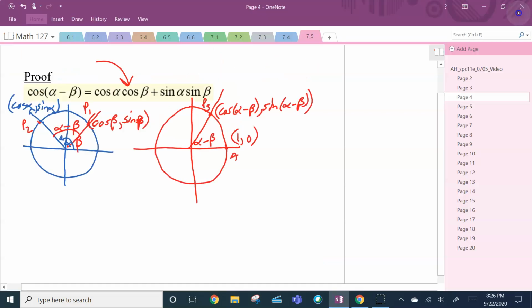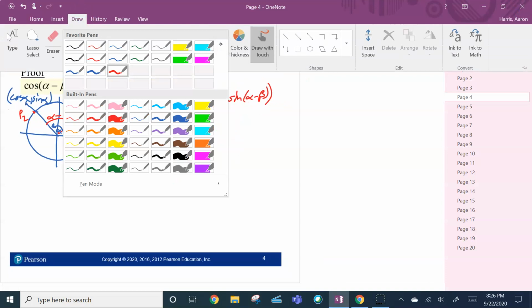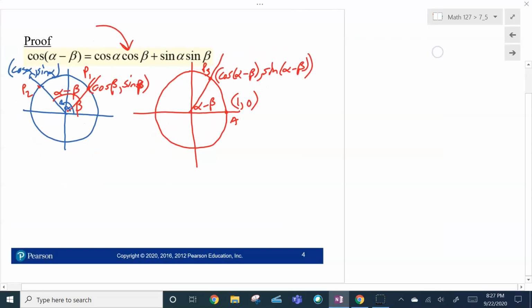Okay, and what I'm going to do here is find the distance between those 2 points, the distance between point 1 and point 2. And I'm going to show that it's the exact same distance as the distance between A and point 3.